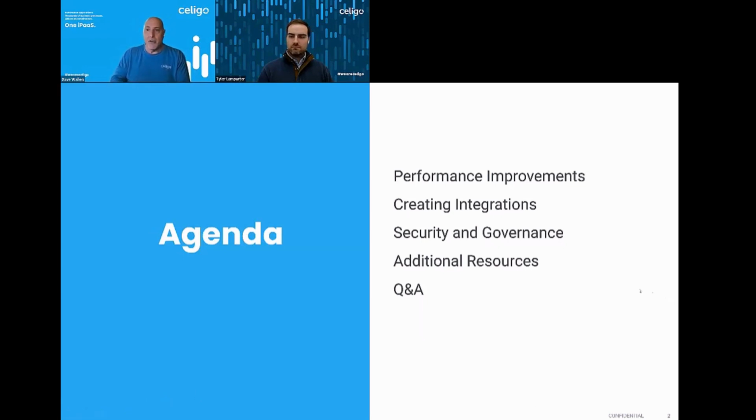We'll wrap up with a review of additional resources that Celigo provides, where you can learn more about these topics as well as other platform features and how you can engage directly with the product team. And then we'll start the Q&A.